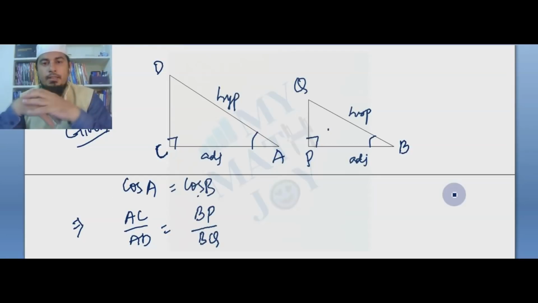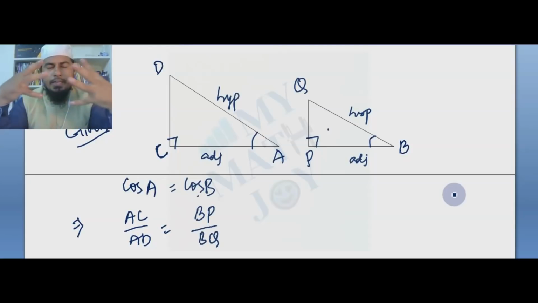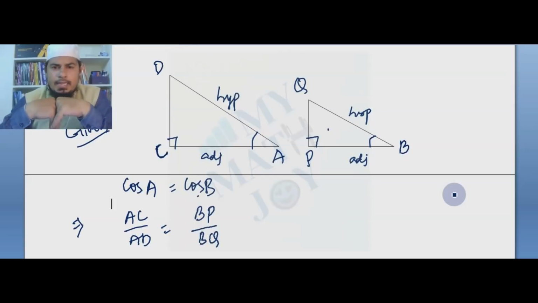That thing will not happen in geometry questions. So you have been given two sides' ratio, and he's asking us to show that the angles are equal. So the technique should come to our mind first. The technique will be to prove these two triangles similar.